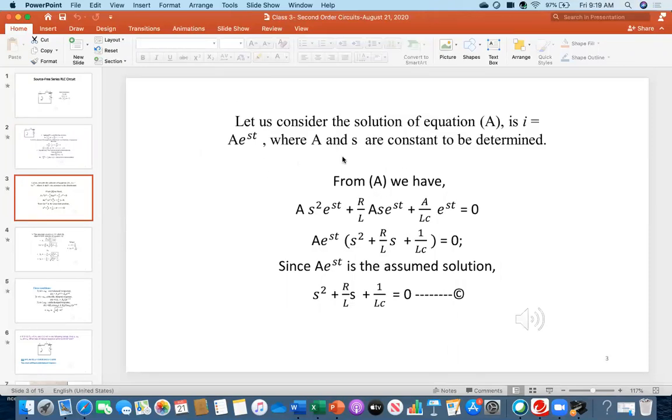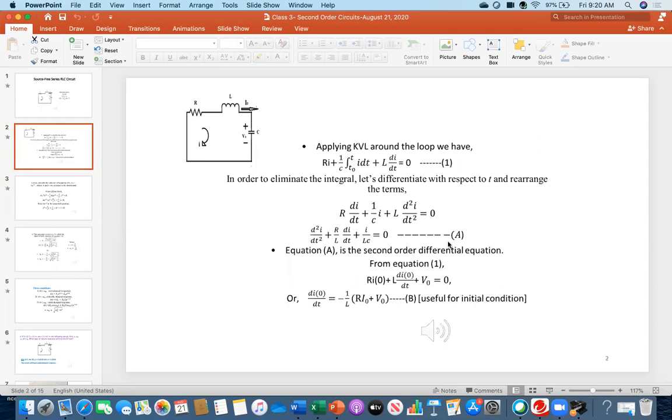Because that is a second order equation, what is the solution? We have to consider the solution of equation A as i equals A multiplied by e to the power st, where A and s are two constants that we need to determine, similar to the previous situation. From A, you remember this equation, this was the second order equation.